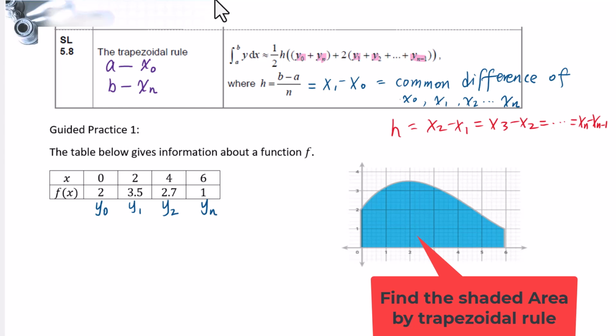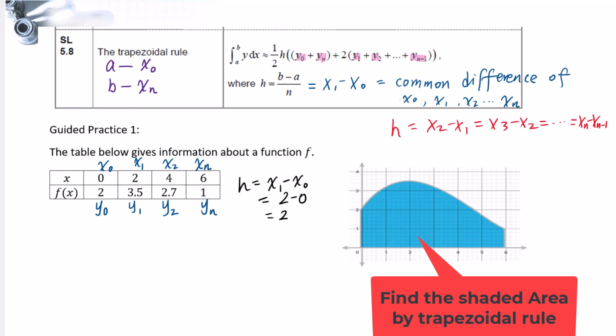Corresponding x values: x sub 0, x sub 1, x sub 2, x sub n. Then we will work out this h first. Normally, I just use x1 minus x0, which equals 2 minus 0, which equals 2.